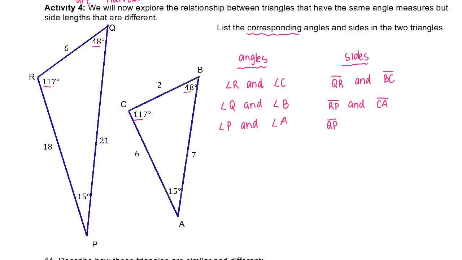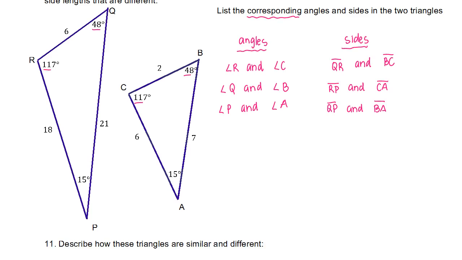So if I call it side QP in the larger triangle, I have to call it side BA in the smaller triangle. If I were to reverse the letters and call it side PQ, then I have to reverse the letters in the smaller triangle and call it side AB. So we're pretty picky about our corresponding angles and sides and the order in which we list things.